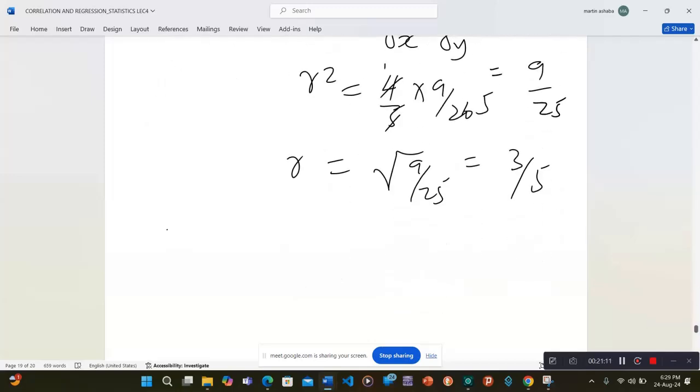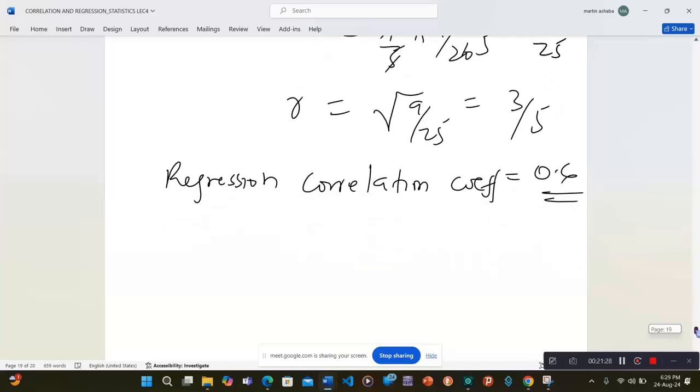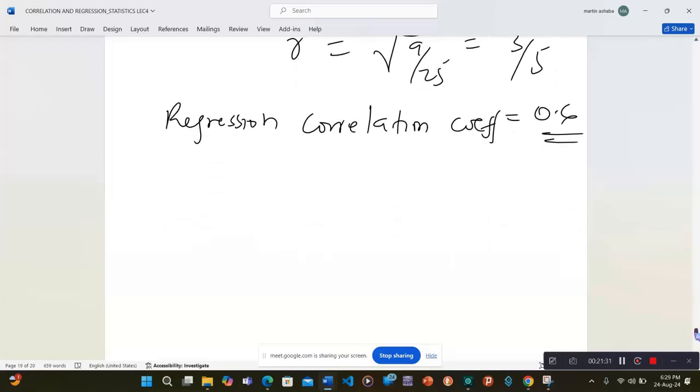And therefore, the regression correlation coefficient will equal 0.6. But this 0.6 is positive, okay?